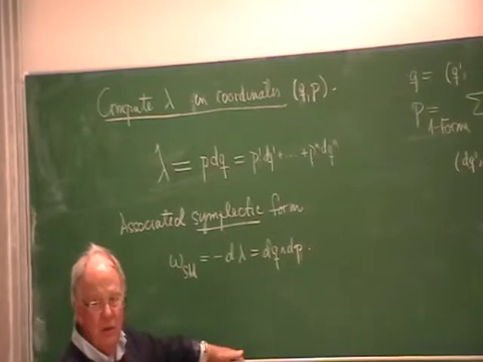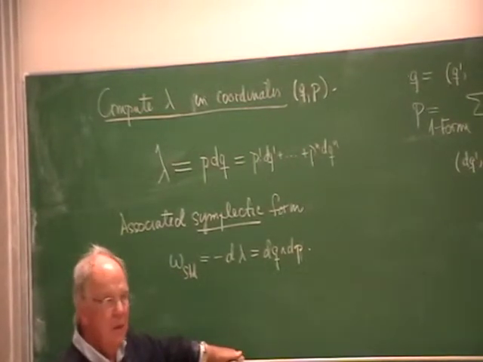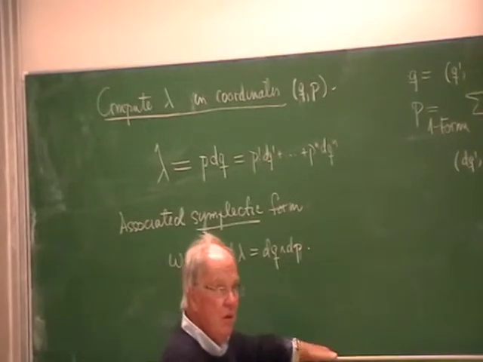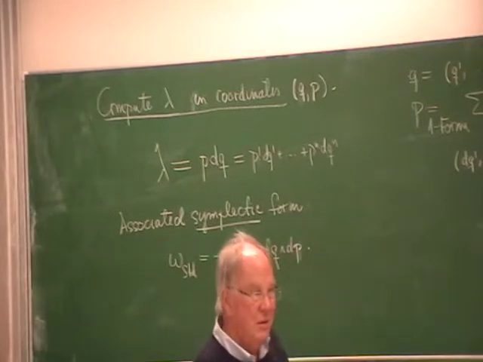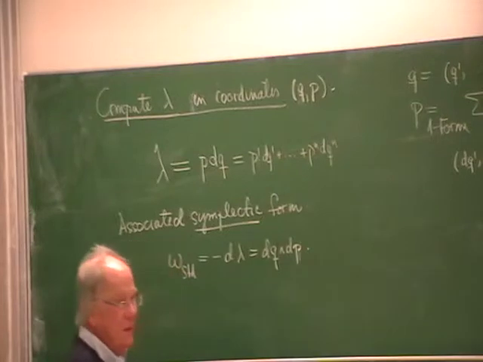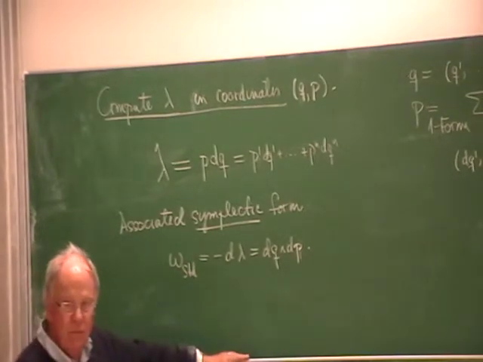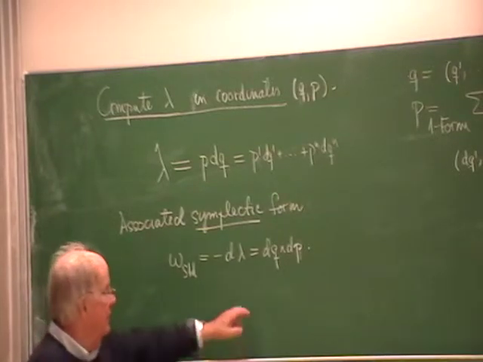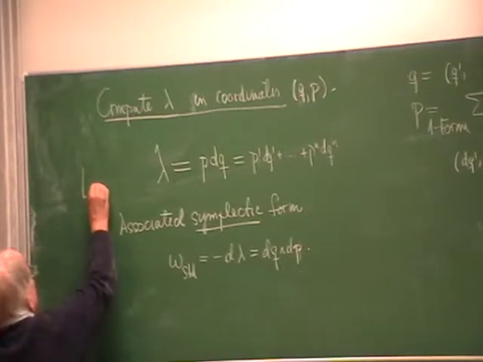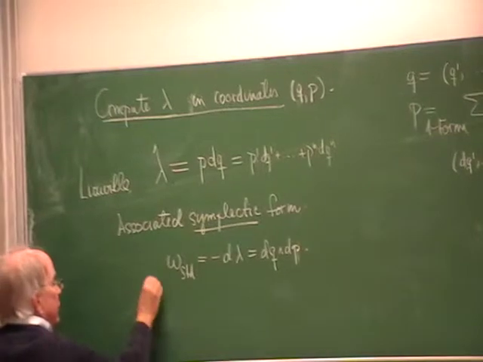It's so close to being the same thing, it almost doesn't matter. But the PIs here are numbers, and the PIs here are functions. And since they are functions, I can take the differential of that form. Okay, I see. So this is the Liouville form, and this is the standard symplectic form.